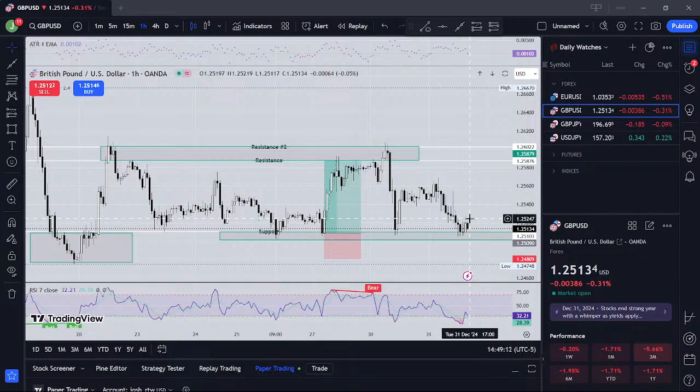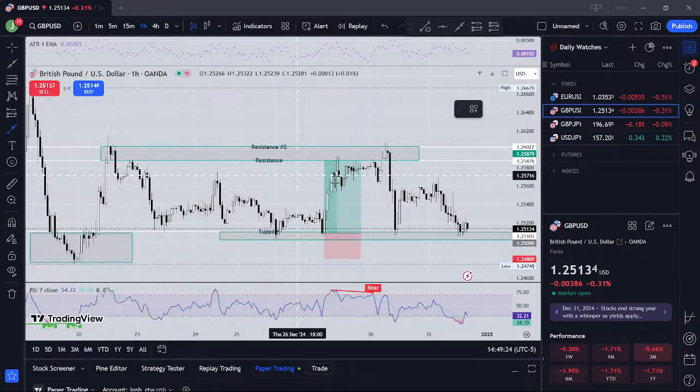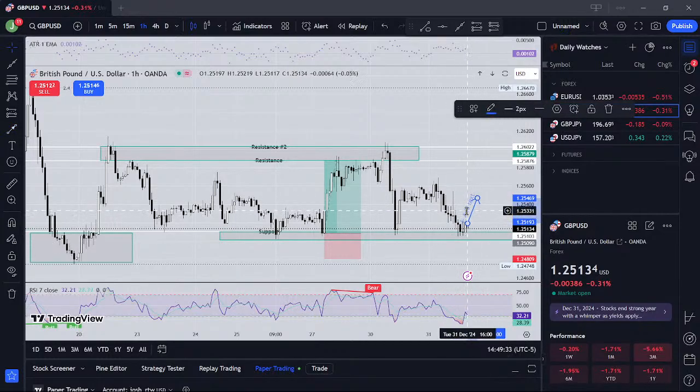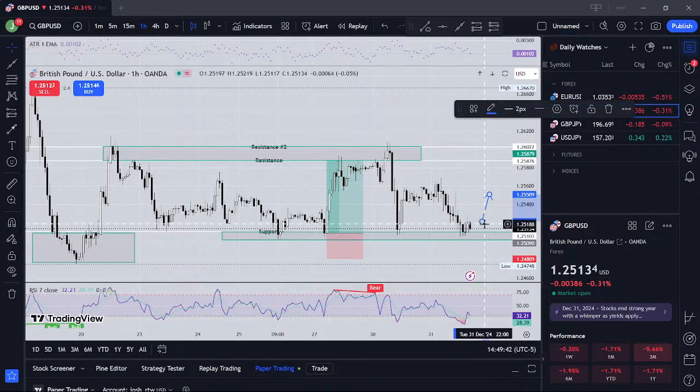But right now, if there was no fundamental news backing it up, I would say that the market is going to go up back to the resistance. So I'm going to just draw an arrow. I'm going to say the market is going to go up. Right now, I'm going to say this.